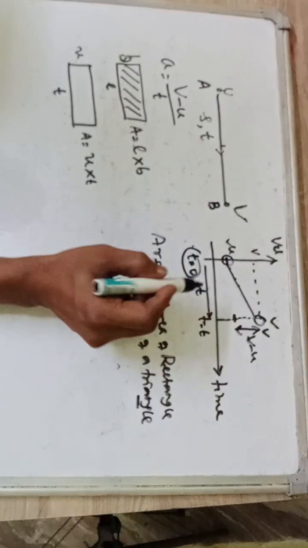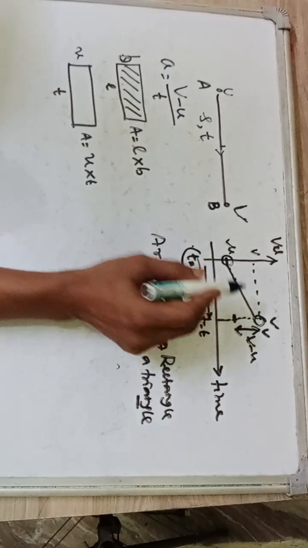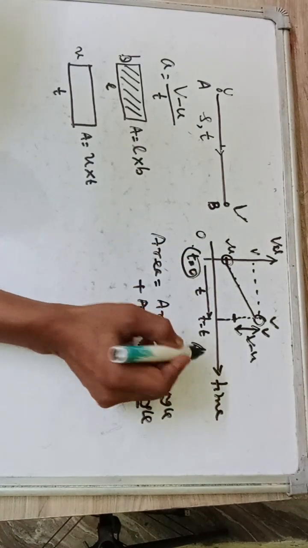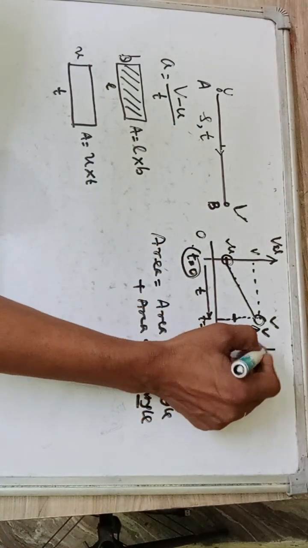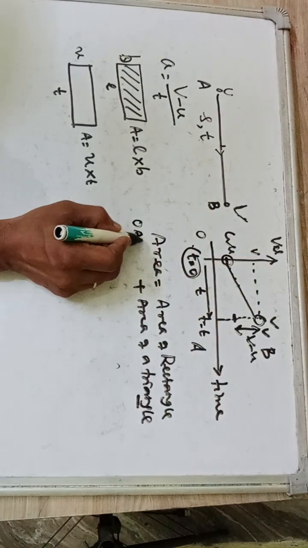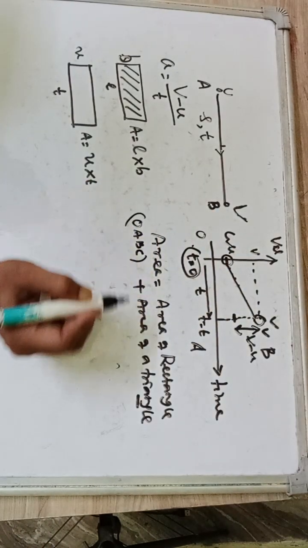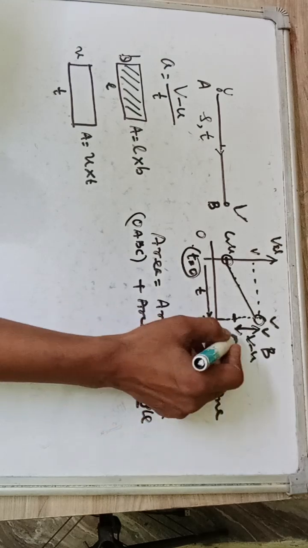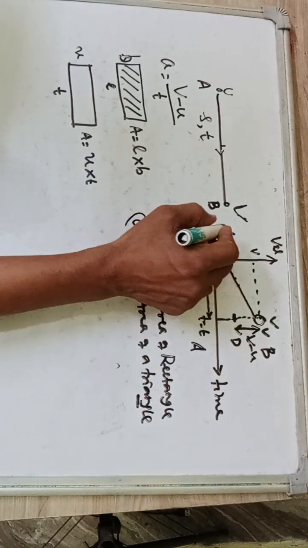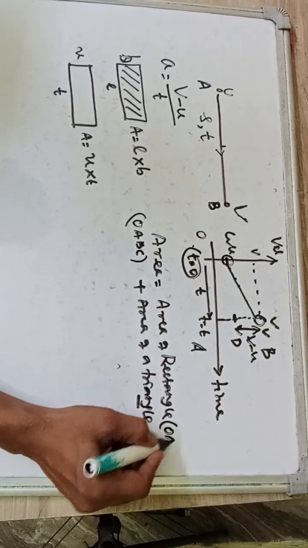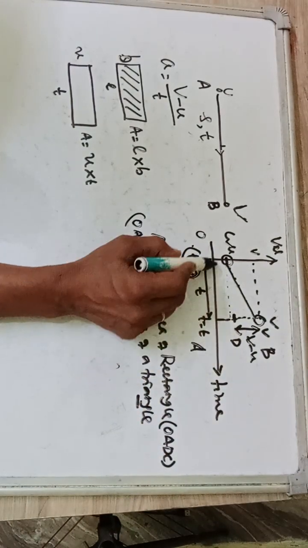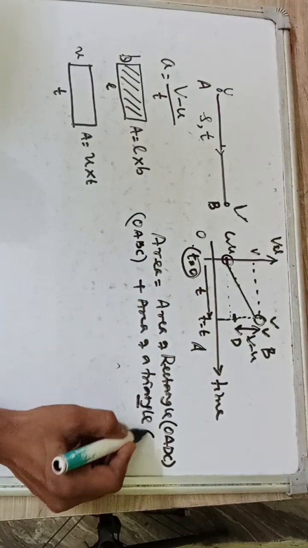That means the area under this curve, suppose this is O, this is A, this is B and this is C. Area OABC equals the rectangle area, this is T, OADC, and the area of triangle CDB.